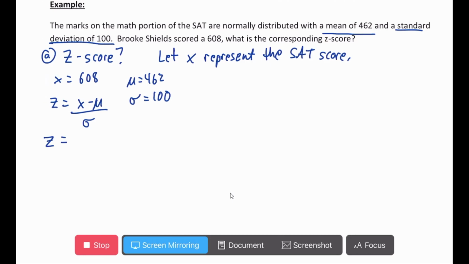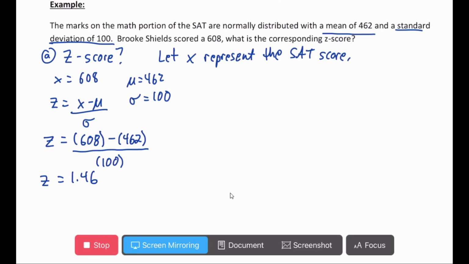Z equals, so X is our data point we're looking at, Brooke Shields' score of 608, minus the mean, which we're told is 462, divided by the standard deviation, which we're told is 100. And if we go ahead and calculate that, we're going to get a Z-score of 1.46. So we've answered the question.